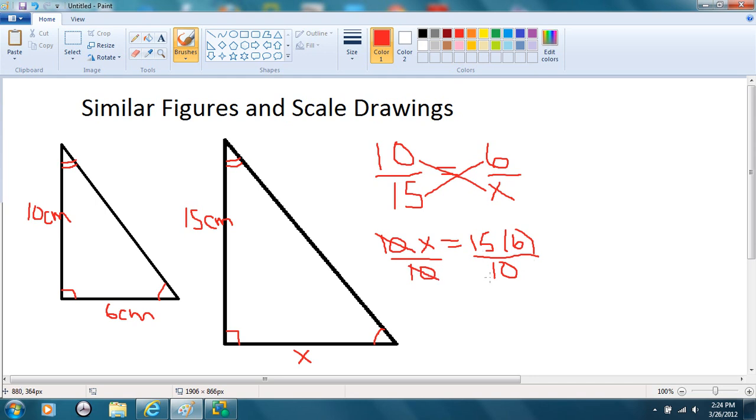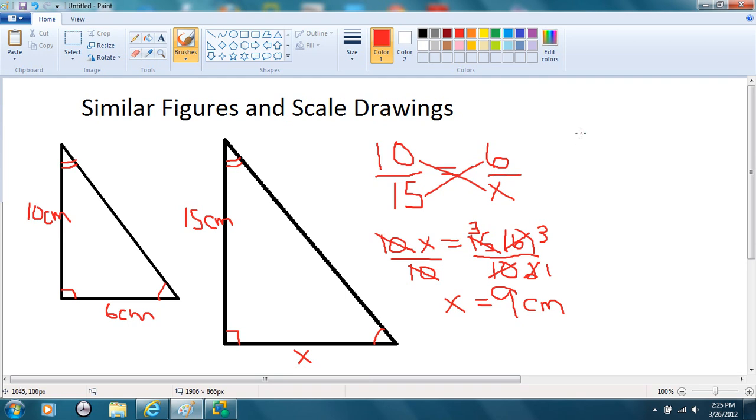I can actually save myself some work by going 5 goes into 10 2 times, and 5 goes into 15 3 times, and 2 goes into 6 3 times, and 2 goes into 2 once, and so I'm left with x is equal to 9, and it's centimeters. I could have carried the units through, but I didn't for sake of simplicity here. So my answer is x is equal to 9 centimeters.